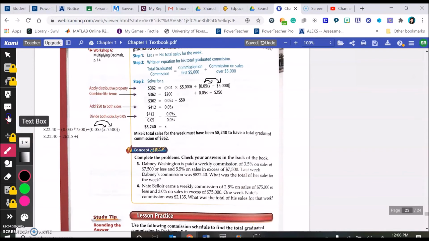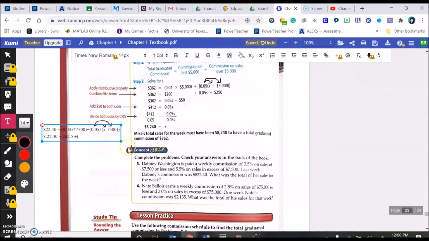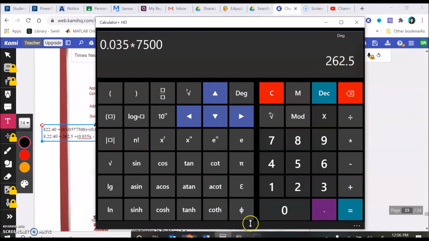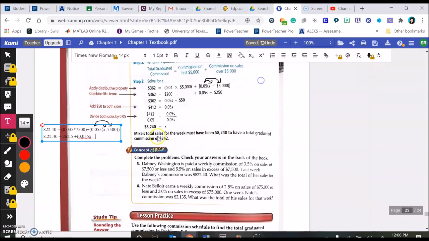So when I do that, I will get 0.055x minus, because the x represents her total sales, 0.055 times 7,500, which is $412.50.